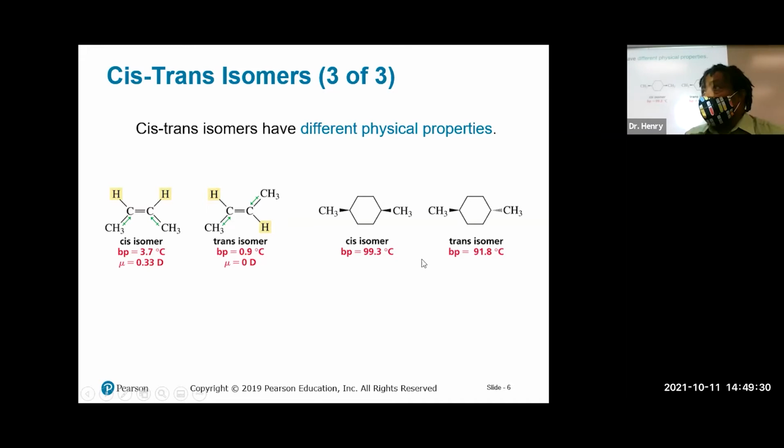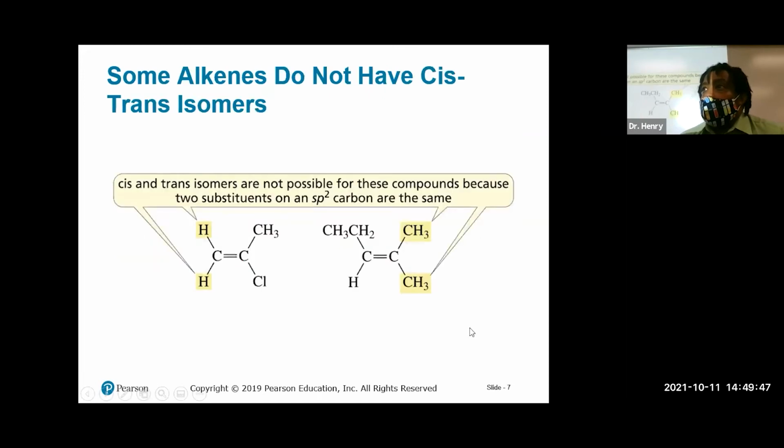You may be right that it takes more energy to disrupt the cis molecule, suggesting maybe a little more stability, which is odd because I would assume the trans would be more stable. Okay, some of the alkenes won't have a cis or trans isomer, right?